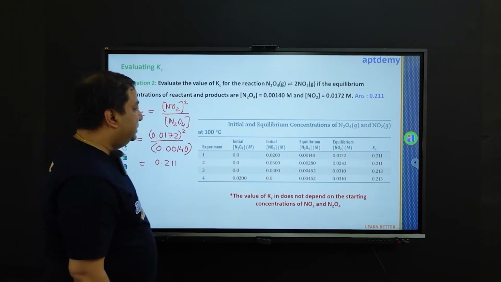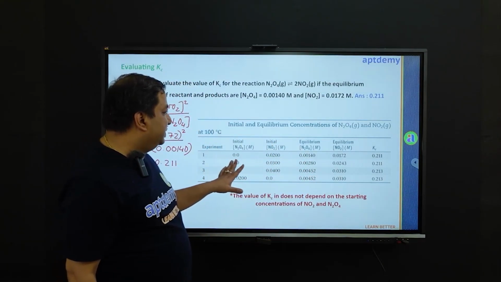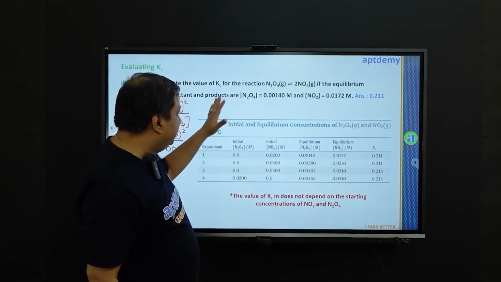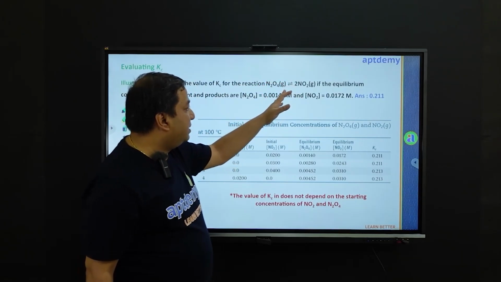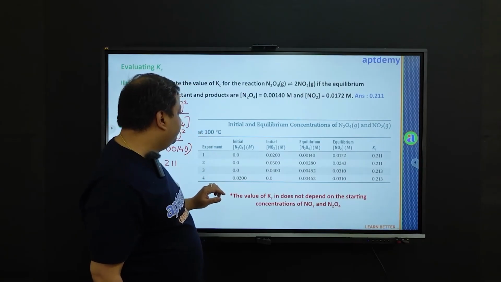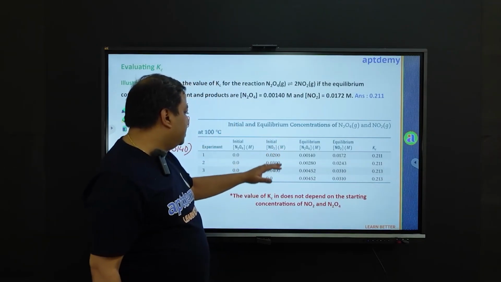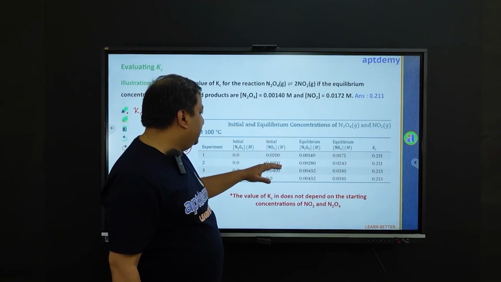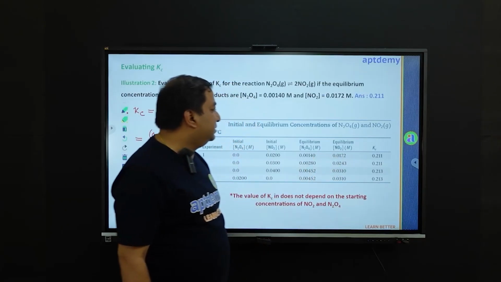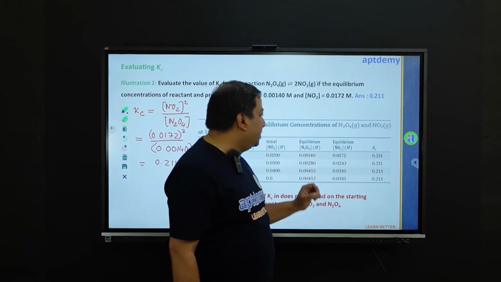Now what we can understand from this table: we have started with different concentrations. We have conducted various experiments with N2O4 forming 2NO2, with the temperature maintained at 100 degrees centigrade. We have the initial concentrations, and according to those we are getting different concentrations of N2O4 and NO2 at equilibrium.